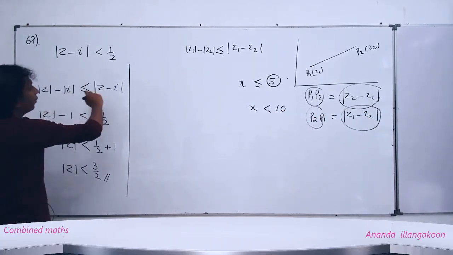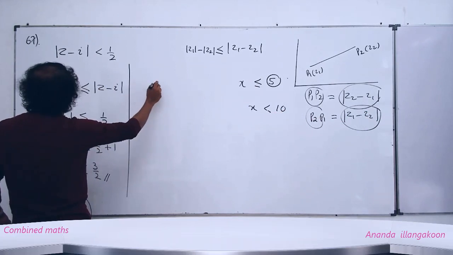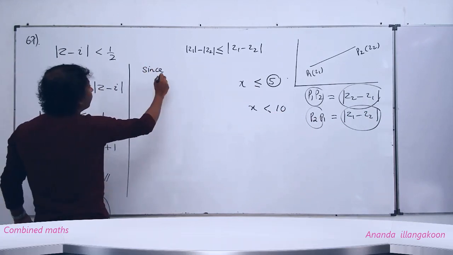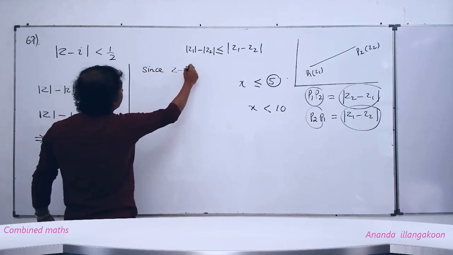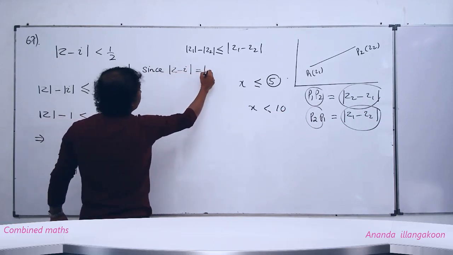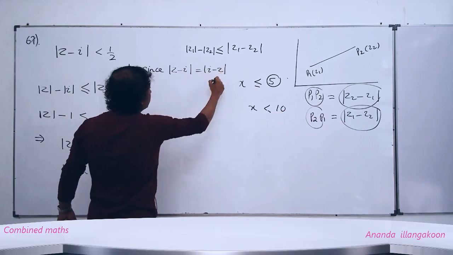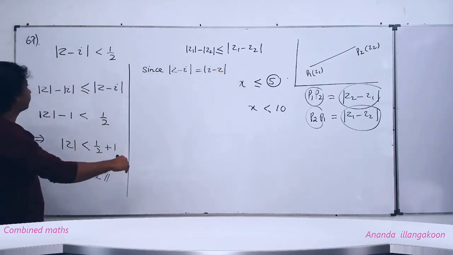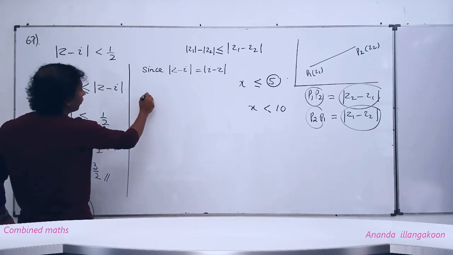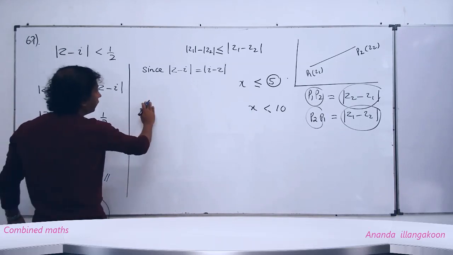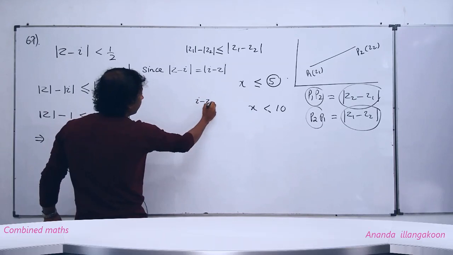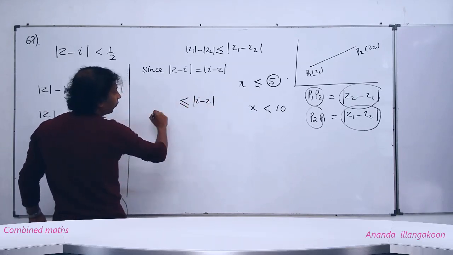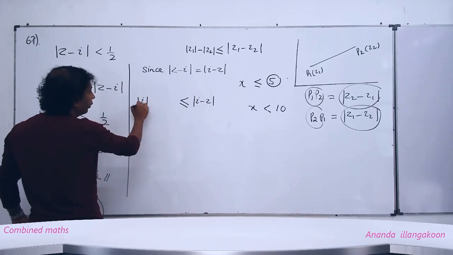This thing like this. z minus i, since |z minus i| is equal to |i minus z|, I can write |i minus z| greater than or equal to |i| minus |z|.